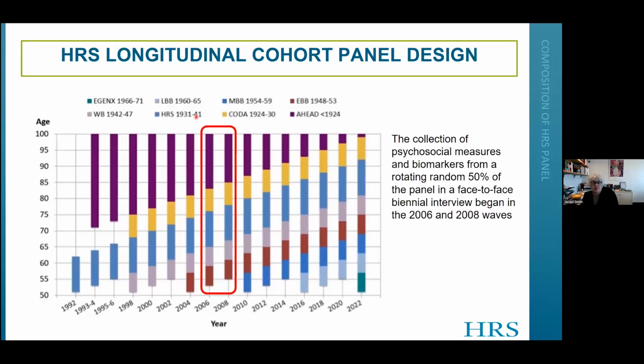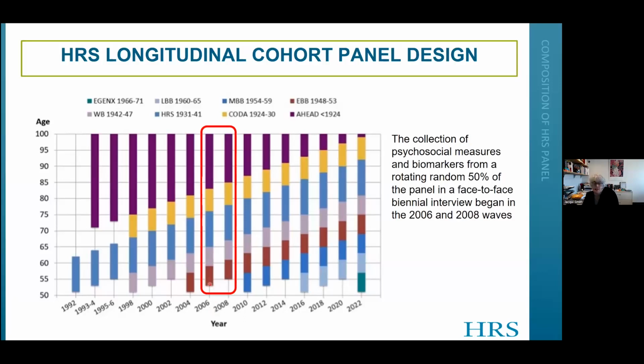And so this was a big change that occurred in 2006. It was initiated. And I've circled here, put together the 2008. So in order to collect biomarkers and physical measures, instead of just having self-reports of weight, height, those sorts of things, we need to go into the field.